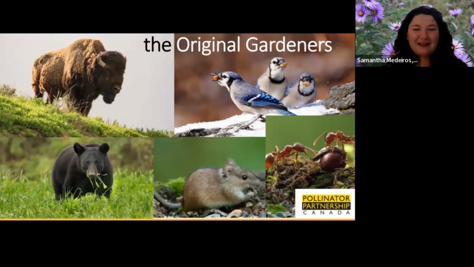And just like bison, they kind of scratch and press into the ground as they're lumbering around. They might brush up against some dried seed heads. They might eat and then defecate those. So that's a way that nature just naturally sows seeds and has them grow into the next plant, and also distributes them across the landscape.